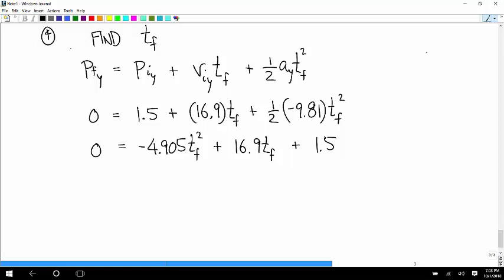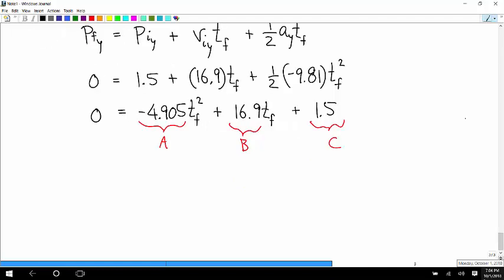We want to solve for TF. Does anyone have an idea how to calculate that? Quadratic formula. Yep. So this negative 4.905 is A, positive 16.9 is B, 1.5 is C. And so there are two answers to that.